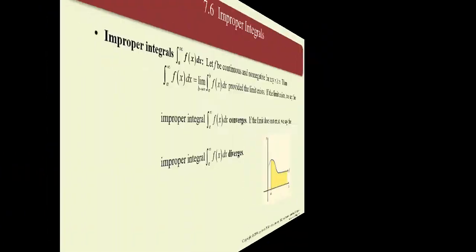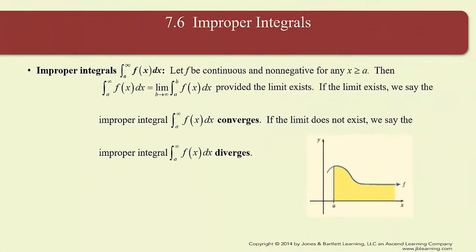All right, folks, based on our work at the board, here's how we're going to attack an improper integral, specifically an improper integral on the interval a to infinity, f of x dx. For our purposes, the function f, the integrand, is going to be continuous and non-negative for x greater than or equal to a.